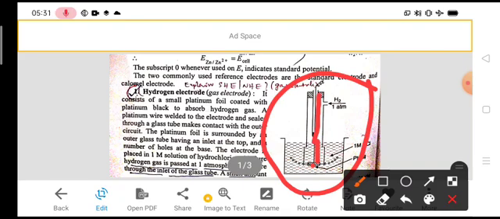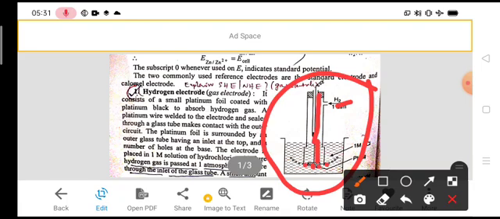The platinum foil is surrounded by another outer glass tube having an inlet at the top and a number of holes at the bottom or base.